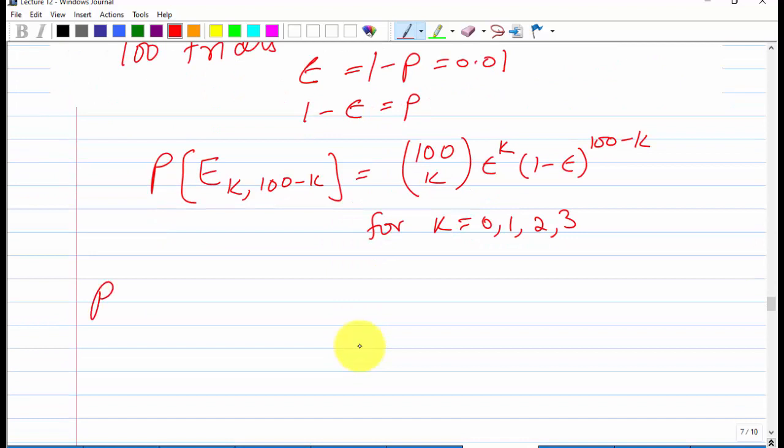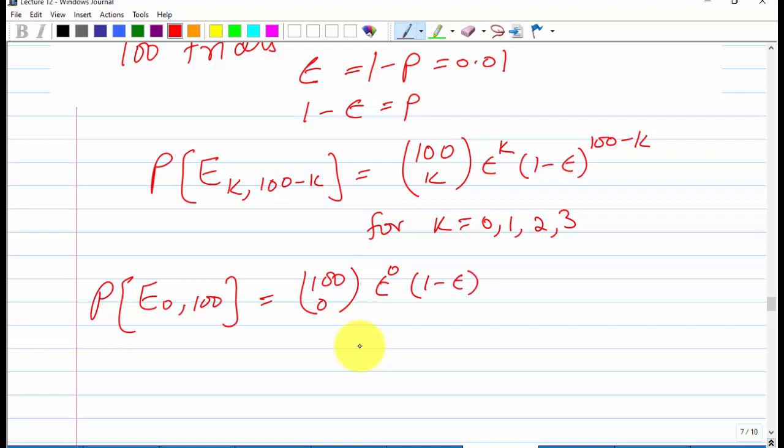So the probability of E_0,100 is equal to 100 choose 0, epsilon to the power 0 and 1 minus epsilon to the power 100. If we calculate it, it will be 0.3660.